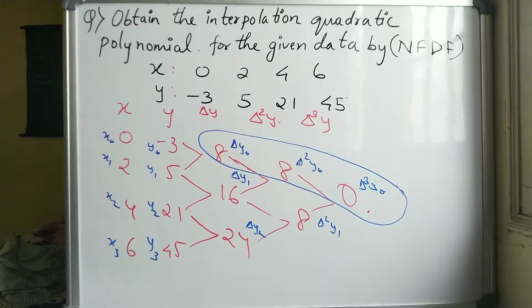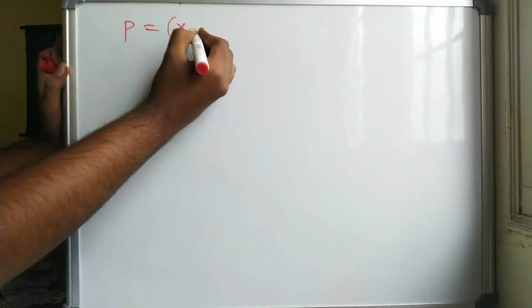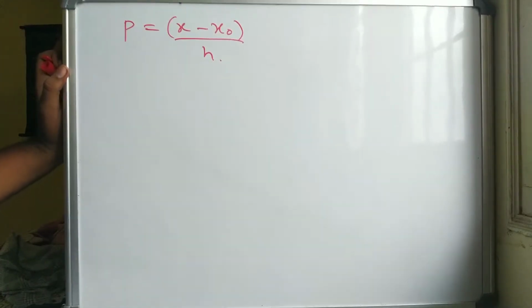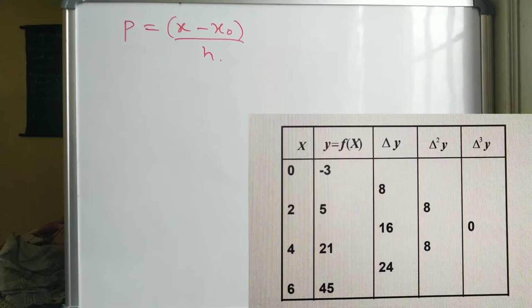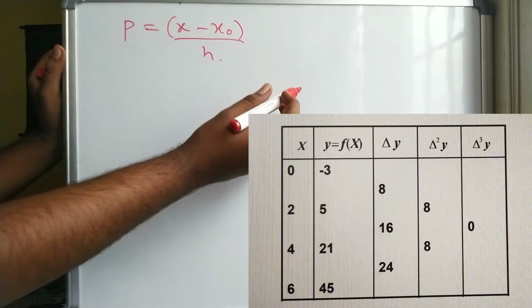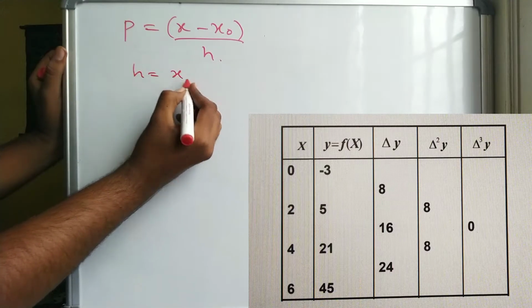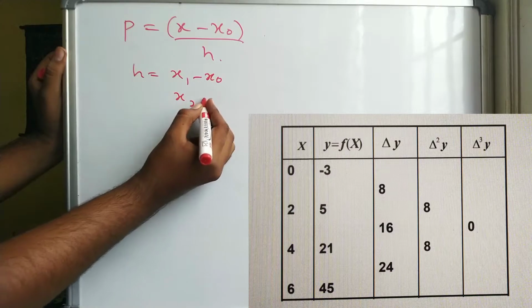Before that, you need to find the value of p. p is nothing but x minus x0 by h. Now h is nothing but the width. On the screen you can see the table. The width is 2 minus 0, that is x1 minus x0, or you can do x2 minus x1.